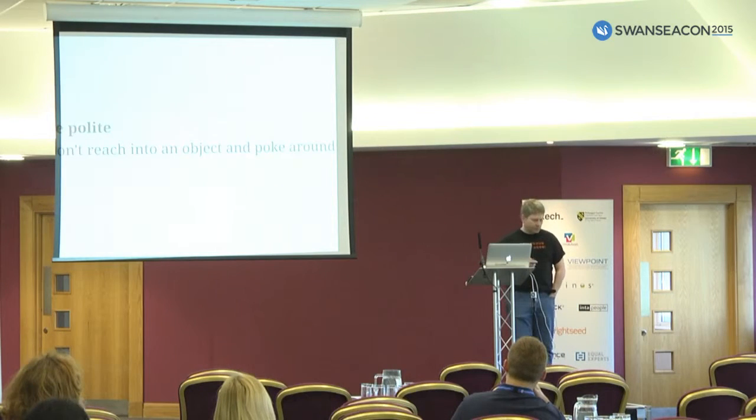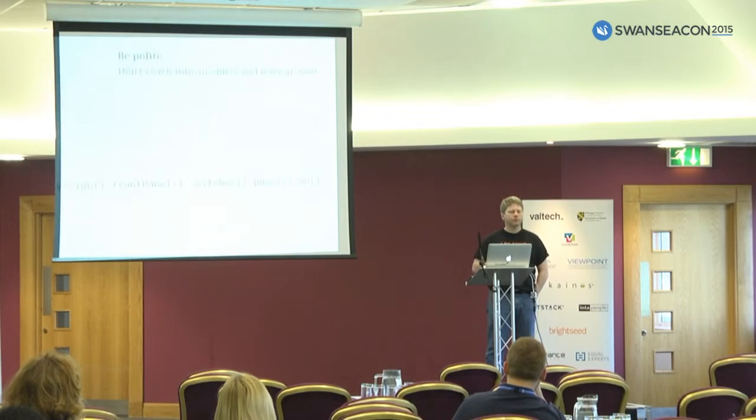So, in a sense, you should try to be polite. Do not reach into a collaborator and poke around for the information you need. Do not write code like this. We have some kind of television, it has some kind of front panel, switch, and then there's a power switch, it could be on and off. A method call like this is highly illegal.